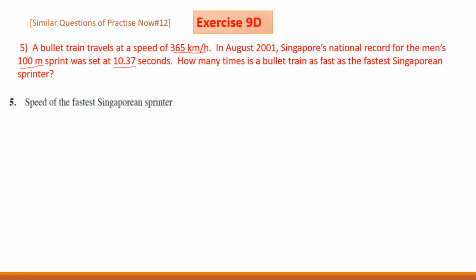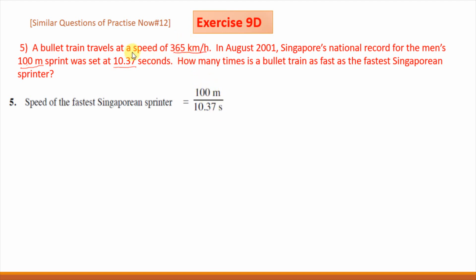The speed of the fastest Singaporean sprinter, how can we calculate it? We will divide this by this. So that is the distance and that is the time. So speed is actually distance divided by time. Hence 100 divided by 10.37.